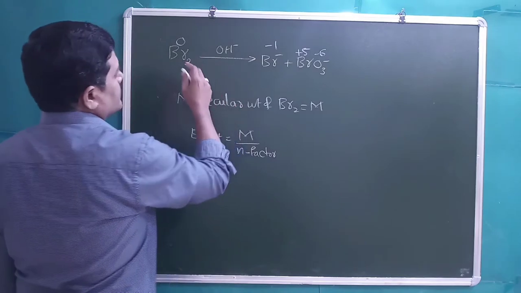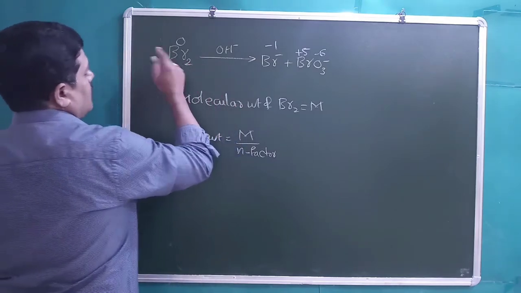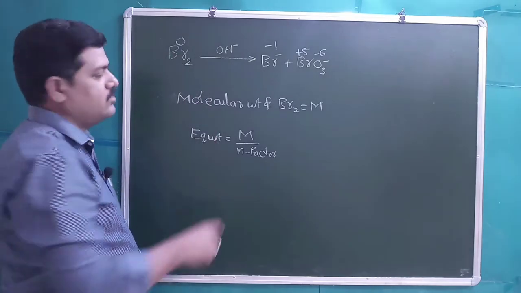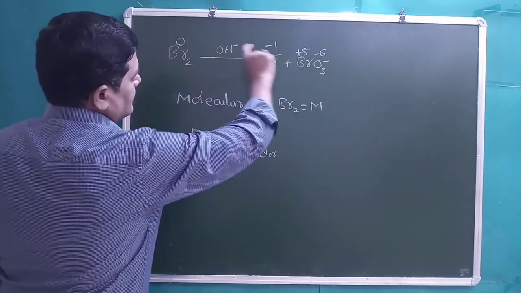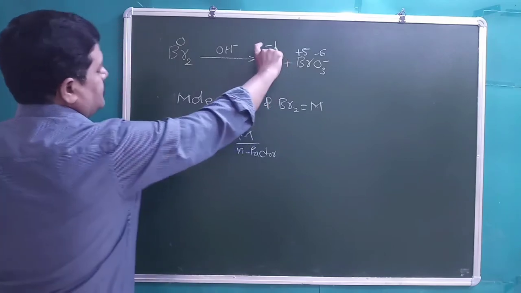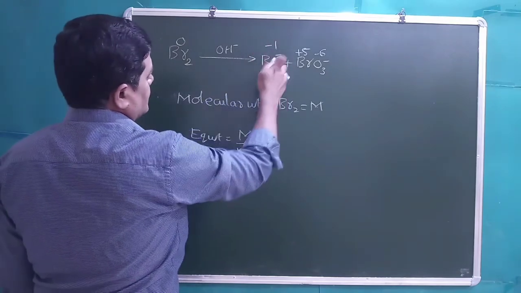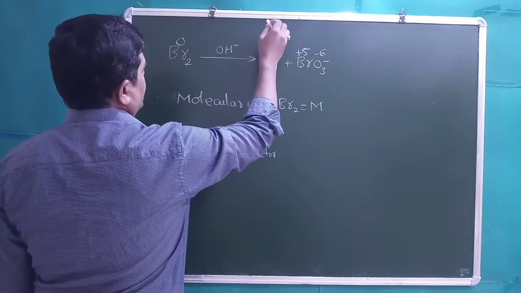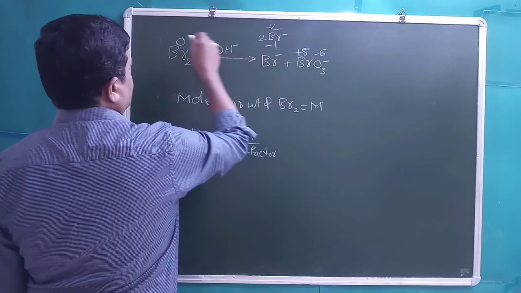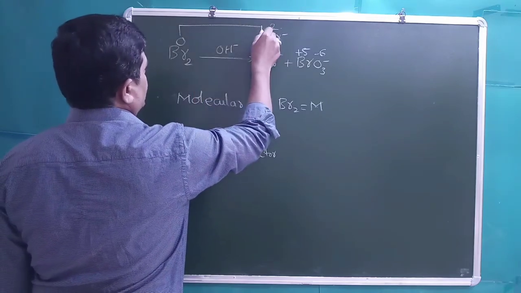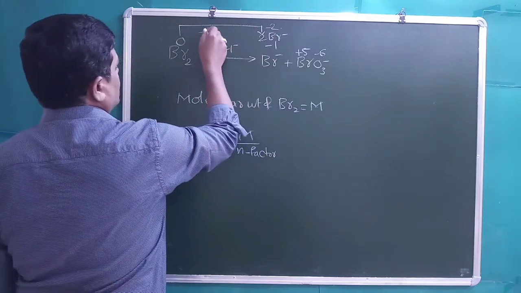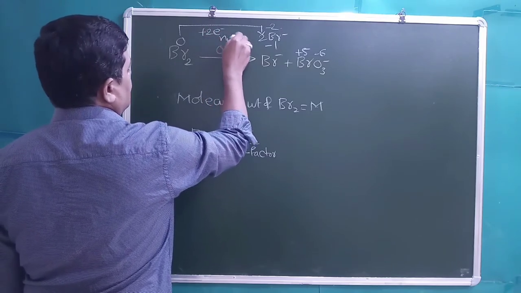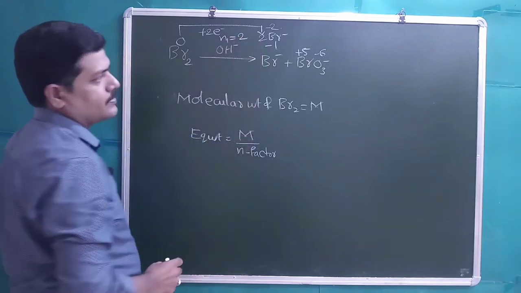In one molecule of Br2 there are 2 bromine atoms. So for 2 Br-, the charge will be -2. It is going from 0 to -2, so it is gaining 2 electrons. Let us consider this as N1. N1 is equal to 2 here.